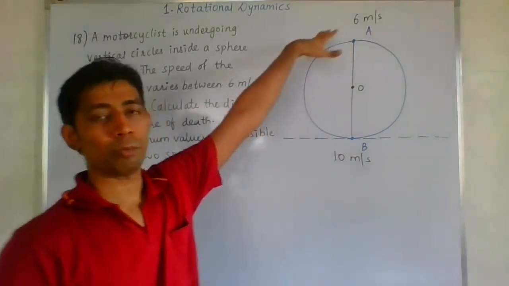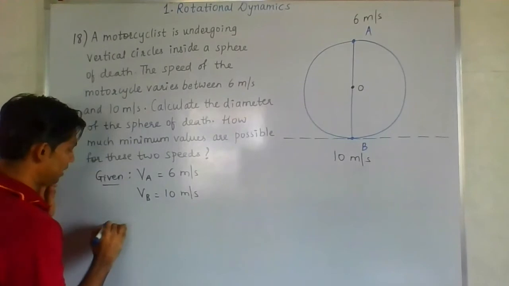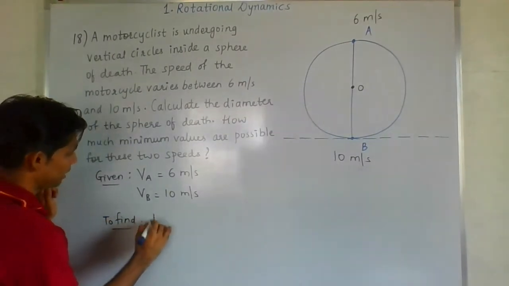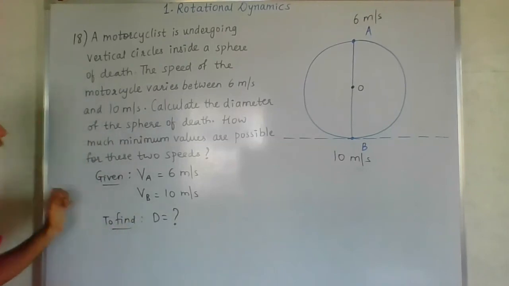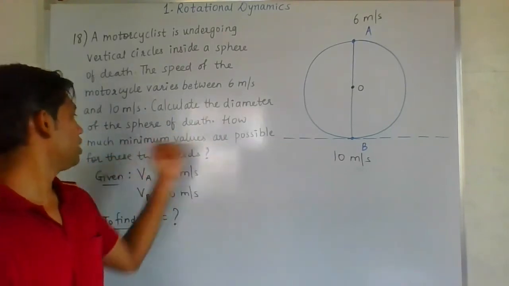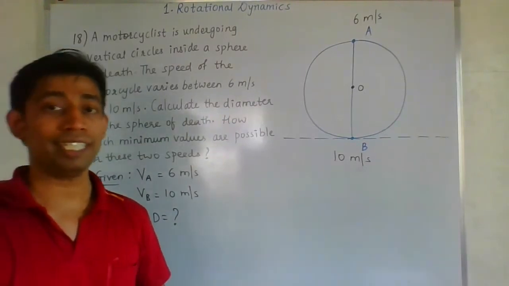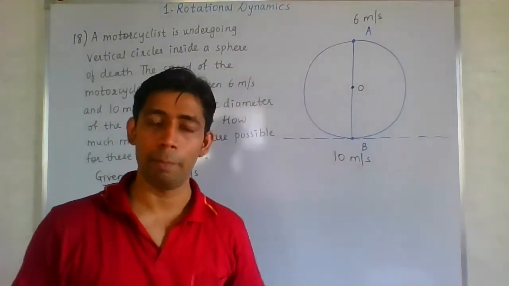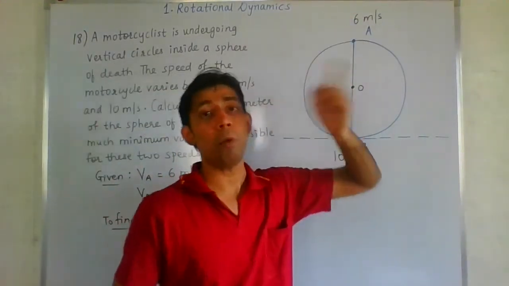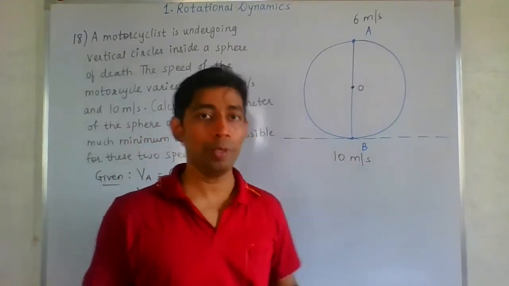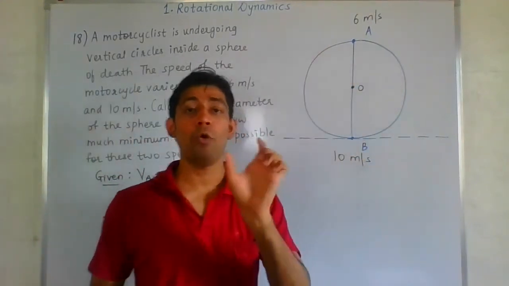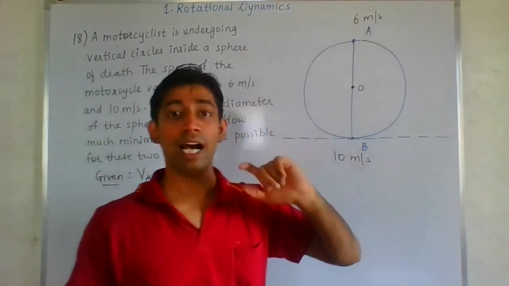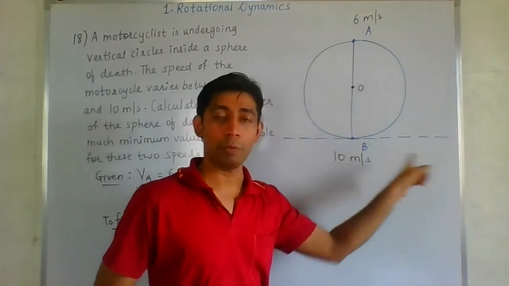Clear? Calculate the diameter of this sphere. ये vertical circular motion जहाँ पर हो रहा है, उसका diameter find करना है. So I'll write to find capital D. As well as they have asked how much minimum values are possible for these two speeds. इससे क्या समझ में आ रहा है कि 6 मीटर पर सेकंड पे डेफिनेटली वर्टिकल सर्कल कंप्लीट हो रहा है, बट इससे स्पीड कम होगा. अगर 5 होगा तो भी पॉसिबल है वर्टिकल सर्कुलर मोशन. सो आपको मिनिमम स्पीड फाइंड करना है. कि इससे भी एक मिनिमम वैल्यू है जहां पर वर्टिकल सर्कुलर मोशन पॉसिबल है.